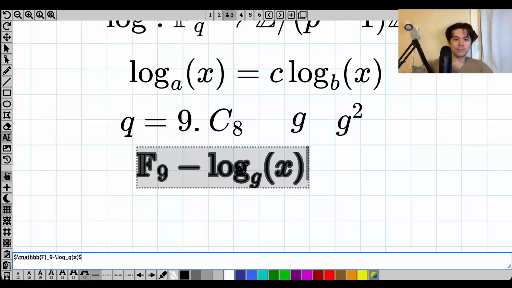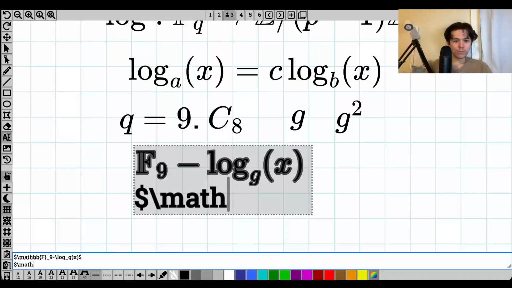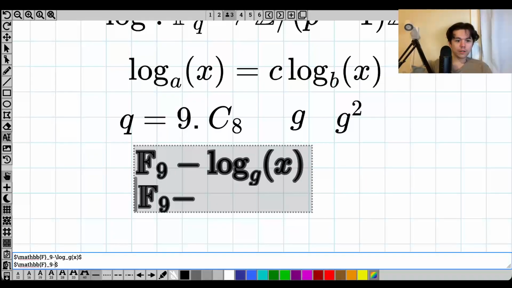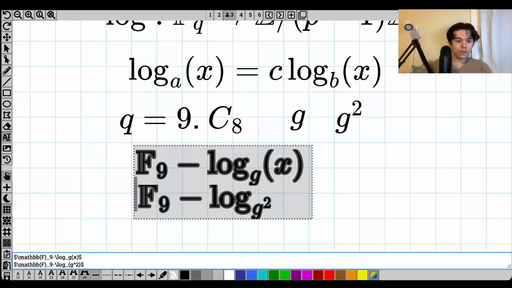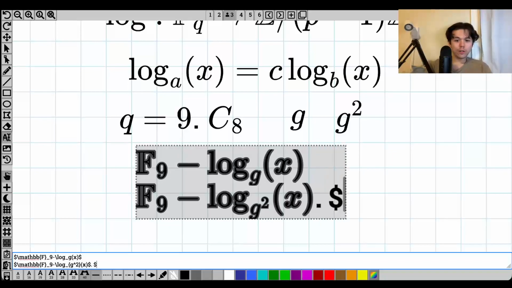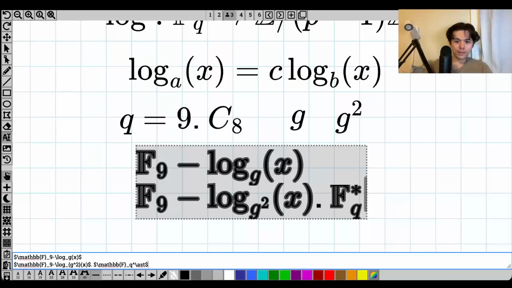There will be some element of Z mod p Z where if I take g to that power, I'll get x. But if I do the same thing, and now I try to do F_9 log base g squared of x, this will only be defined on this group, F_q star squared.